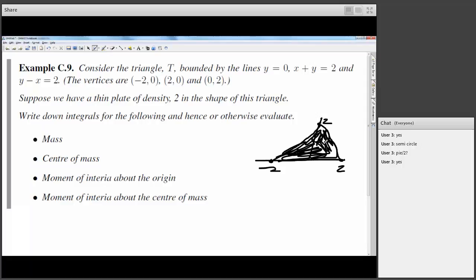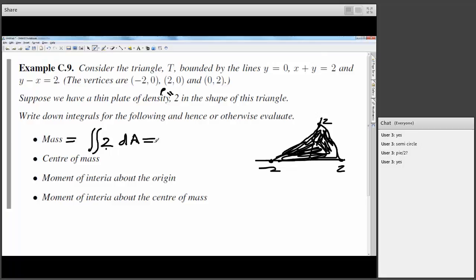What I want to do is work out the various things. I want to work out the mass. So I want to do it in 2D. I want to write it as an integral. Broadly speaking, the mass would be just summing up the density, which in this case is 2, times the area.